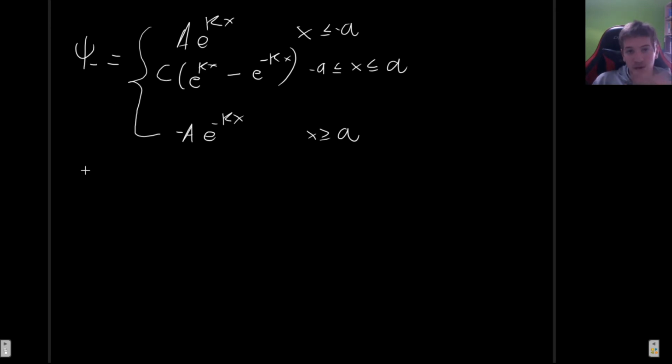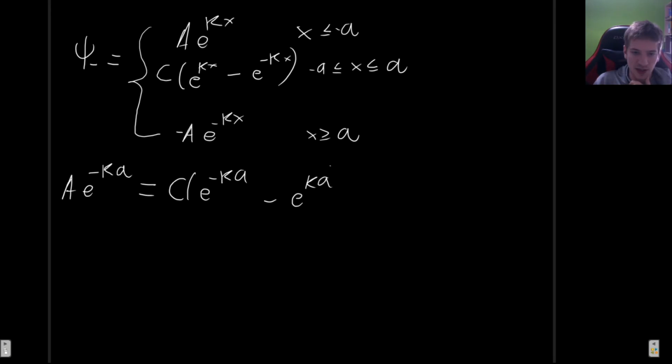So we have to now apply the boundary conditions. First, the wave functions at minus a have to be continuous. That means a e to the minus ka has to be the same as c e to the minus ka minus e to the ka. And now we know about the discontinuity of the derivatives.